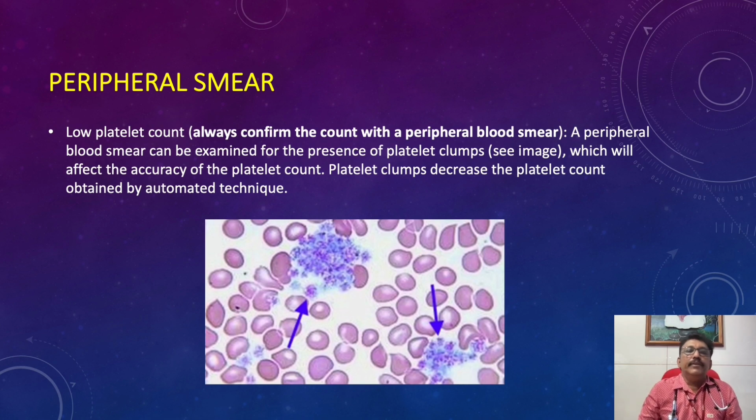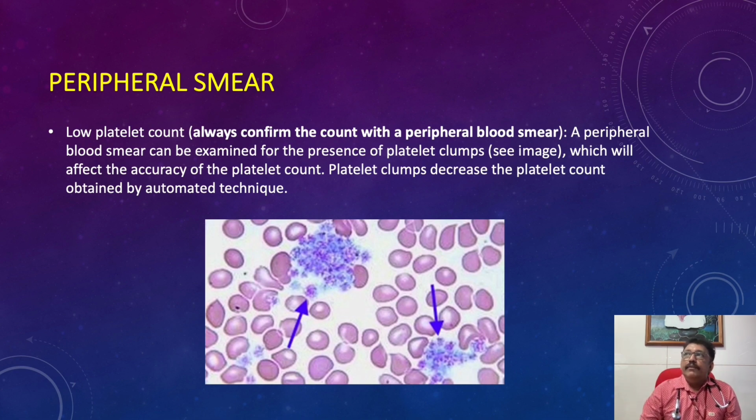Now, the peripheral smear is very, very important, because when we do platelet counts in automated machines, we can see thrombocytopenia, but if you ask for a peripheral smear, you can see that the number of platelets can be increased. That is because the automated machine picks up the clumps as a single platelet, whereas in the peripheral smear we can individually count the platelets in the clumps.